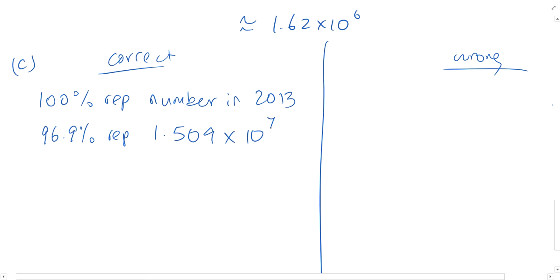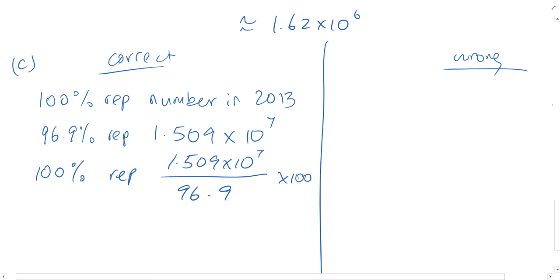Okay? So now my 100% represents 1.509 times 10 to the power 7 divided by 96.9 times 100. That gives us roughly 1.56 times 10 to the power 7.